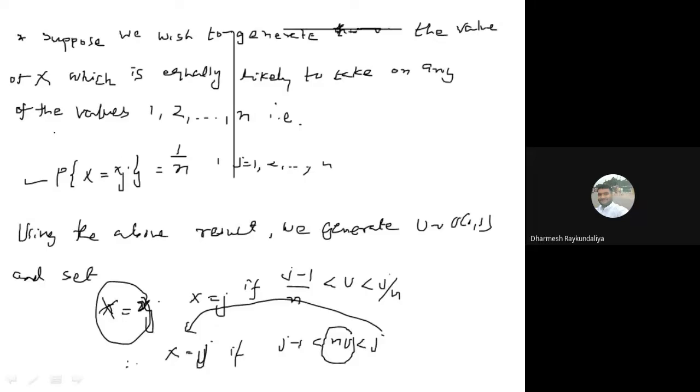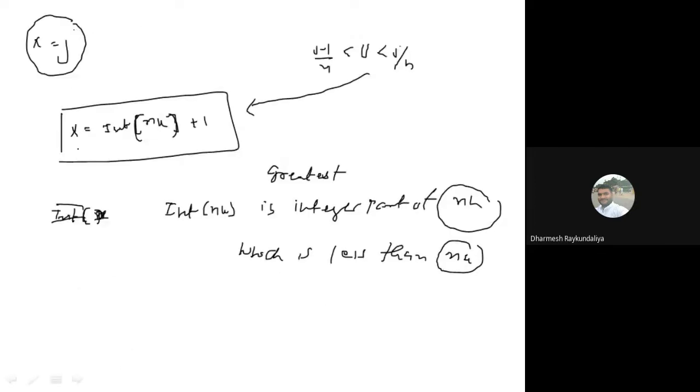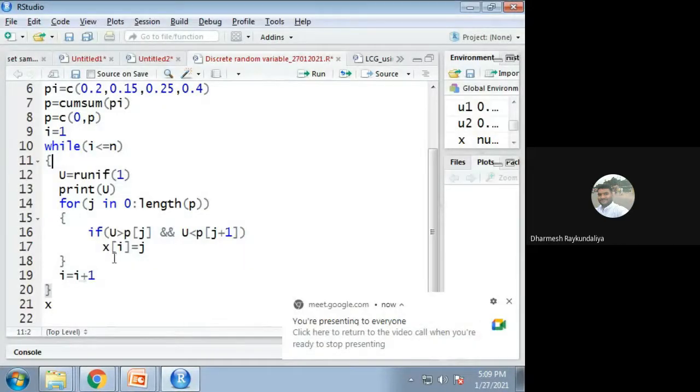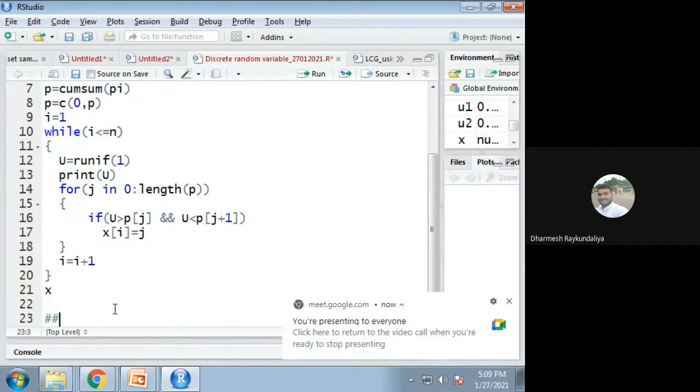If I wish to generate a random number from a discrete uniform having 1 by n probability, then you can generate a random number x by integer of nu plus 1. So we have to simply use this to generate the random numbers. So let us try. Another example we will try to see.